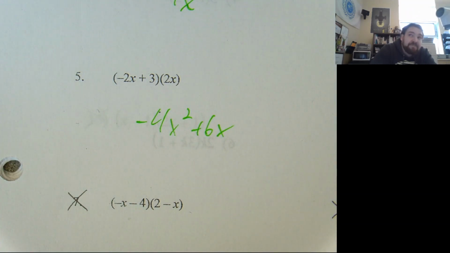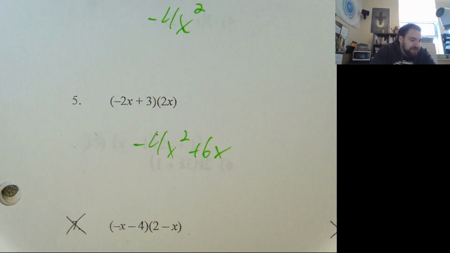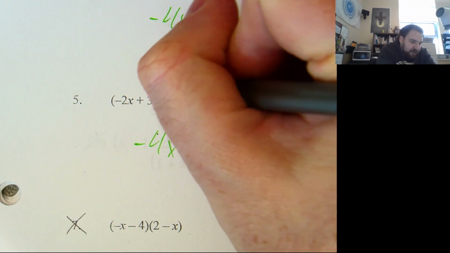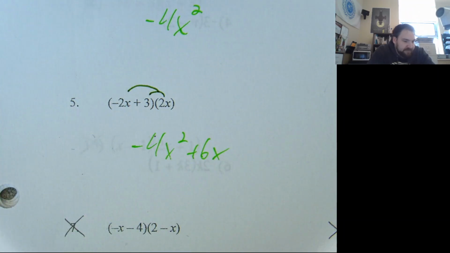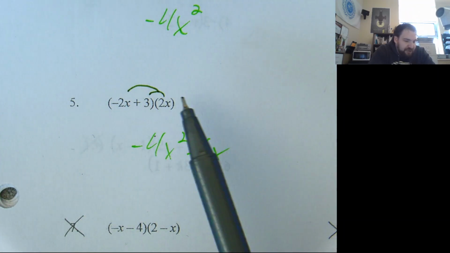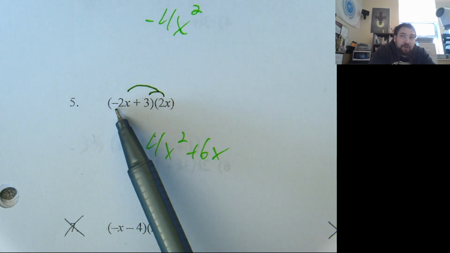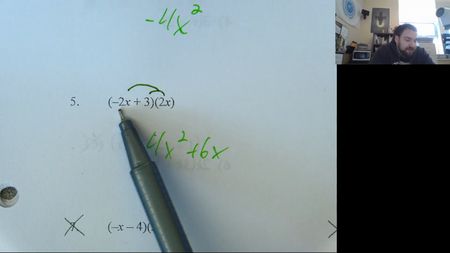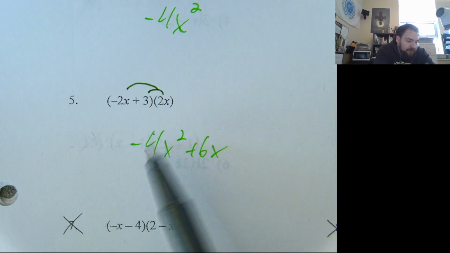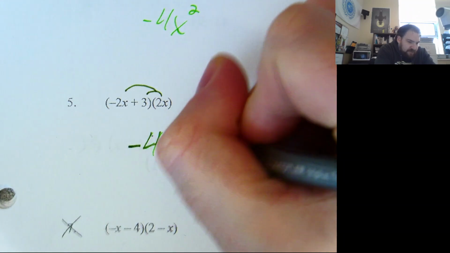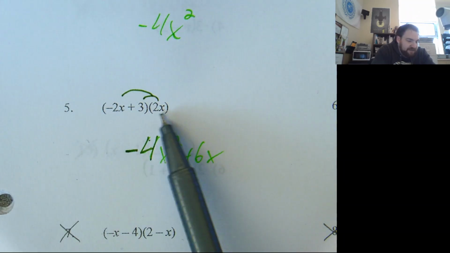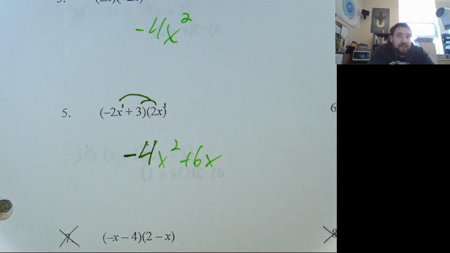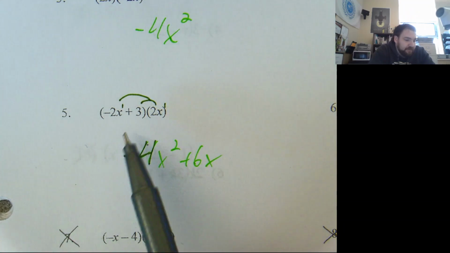So, if we're doing 5, 5 is written backwards, but the procedure is the same. I take my monomial and I multiply it onto all the parts of the binomial. I'll work left to right here. 2x times negative 2x. Negative 2 times 2 is negative 4, so that's this piece. Then the x times x: when you're multiplying the same letters, you add their exponents together.